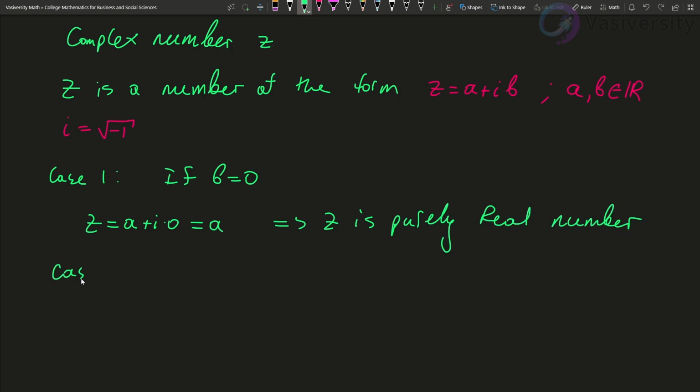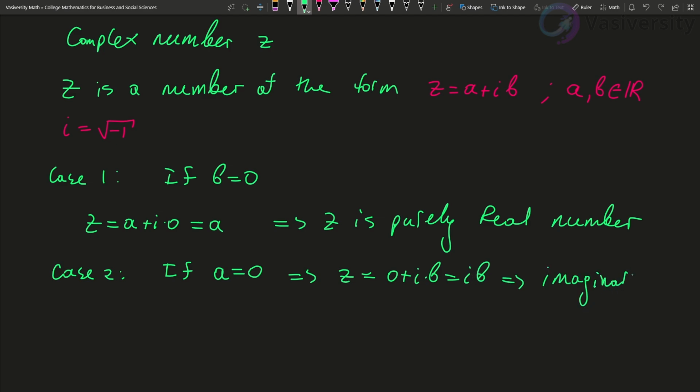And then case 2, if a is equal to 0, that means z is going to be equal to 0 plus i times b, which is equal to ib. And we're going to call it a purely imaginary number. Okay? So this is the main difference.